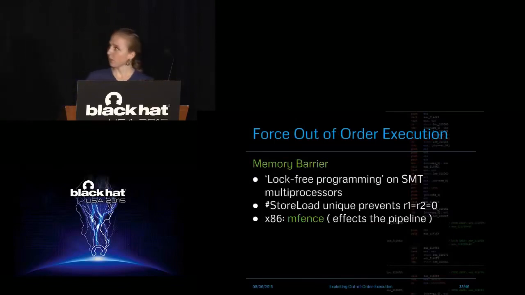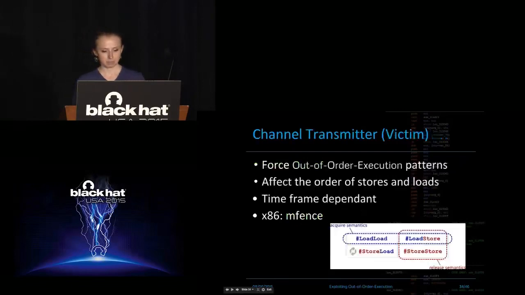All right, so we're forcing out-of-order execution patterns to decrease on simultaneous multi-threaded systems by preventing the out-of-order execution case, using the store load memory barrier, the mfence instruction. And this is, again, just going over what we're doing to transmit. But we're forcing these patterns, and these patterns are what will give us meaning from the system.